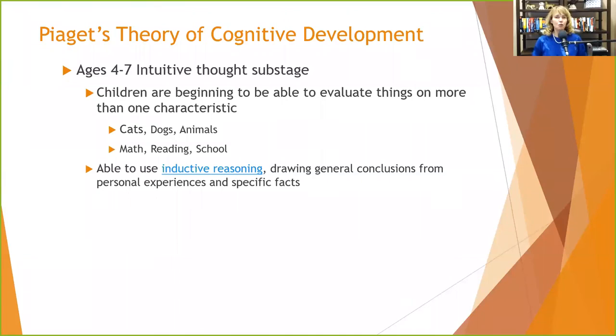So at age 4 to 7, this is the intuitive thought substage before you get into concrete operational. Remember last time we were talking about pre-operational. Children are beginning to be able to evaluate things on more than one characteristic. So if you give them picture cards of cats and dogs and you ask them, are there more cats or animals?